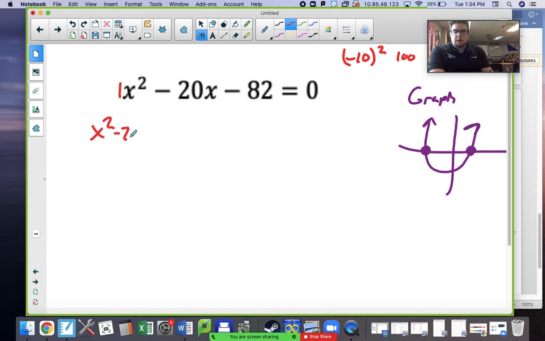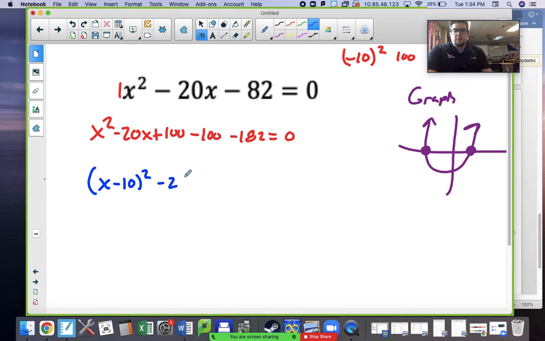x squared minus 20x plus 100 minus 100 minus 182 equals 0. I can factor my trinomial. Combine those, I get negative 282 equals 0. And from here, we're going to solve for x.